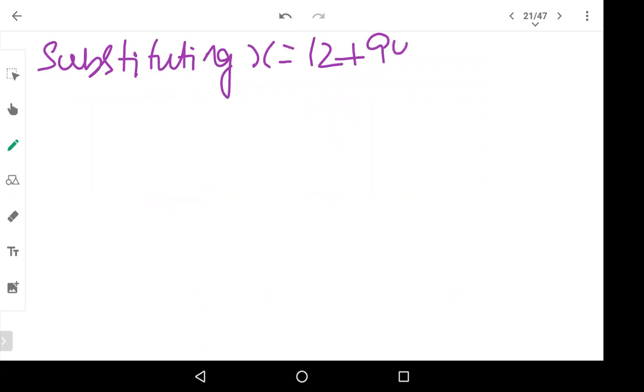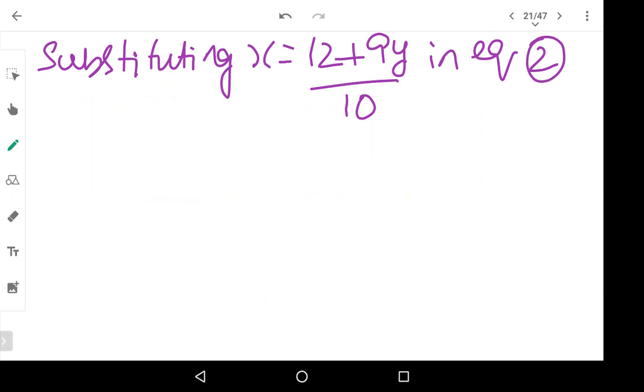So substituting x is equal to 12 plus 9y by 10 in equation 2. So what is equation 2? 3x minus 9y is equal to 17.